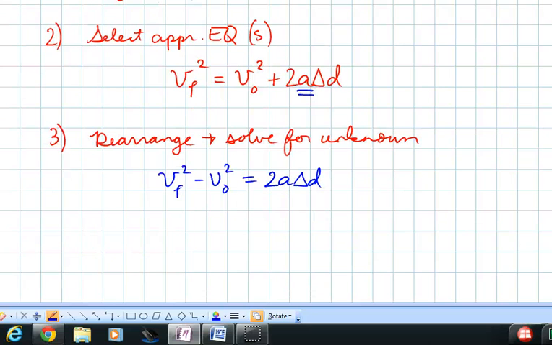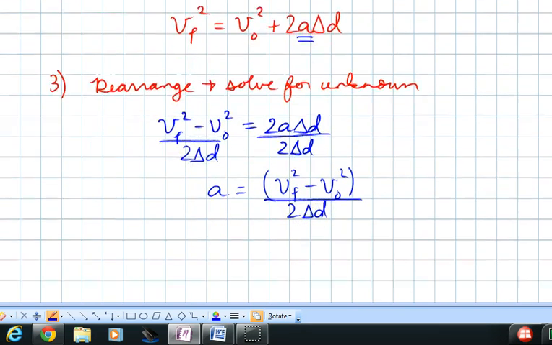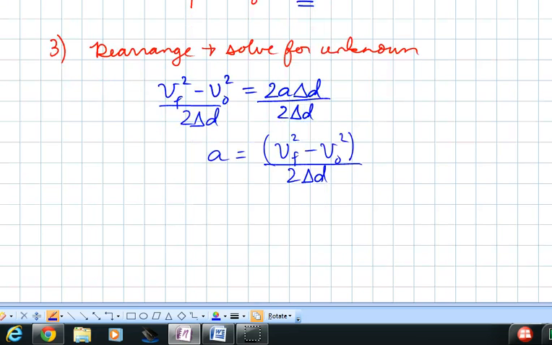Then, because we want a, we can divide each side by 2 delta d, and we get acceleration is V final squared minus V initial squared, all divided by 2 delta d. Actually, I'm going to write it like this. Okay, now the 4th step, if you remember, is plug and chug and evaluate.